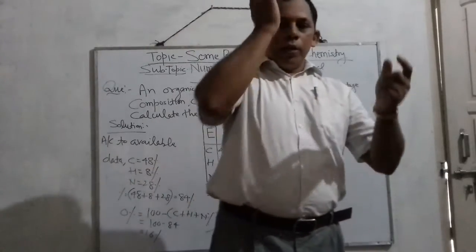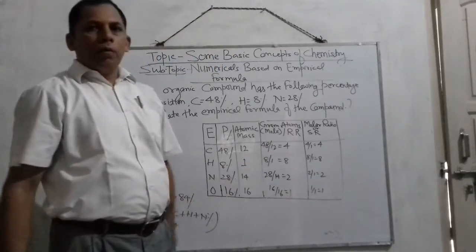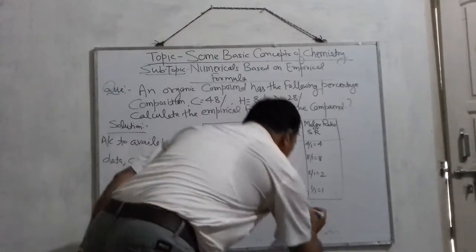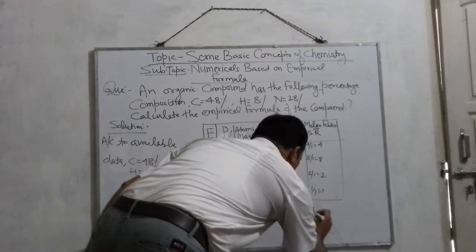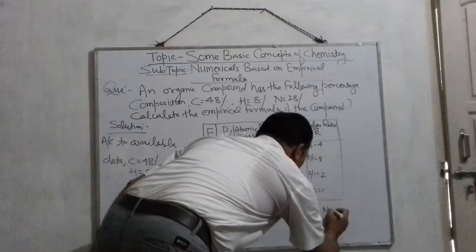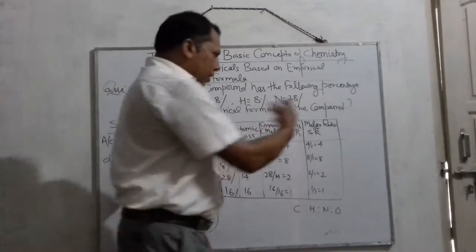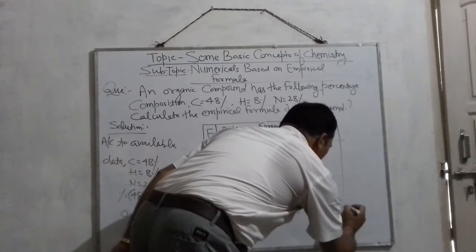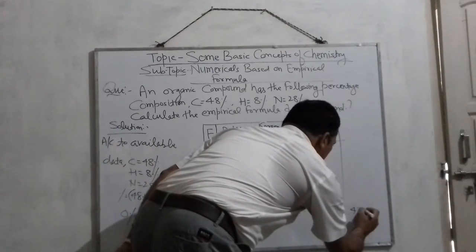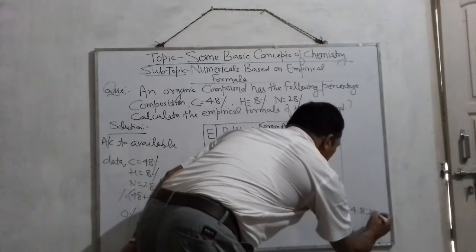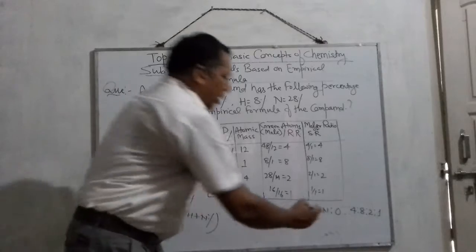As I have taught you earlier, how the empirical formula of the compound is written: first write the symbols of all the elements, that is carbon, hydrogen, nitrogen and oxygen, and also write there the simple ratio which we obtained here. That is 4 is to 8 is to 2 is to 1. Okay children?